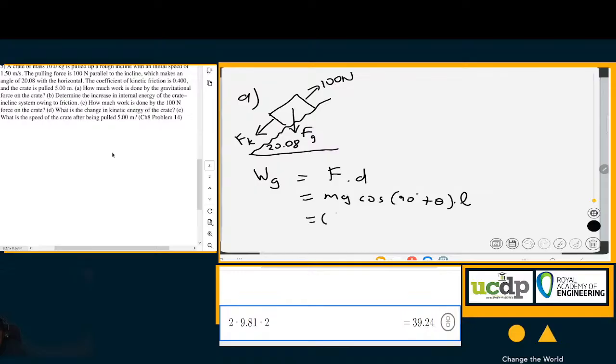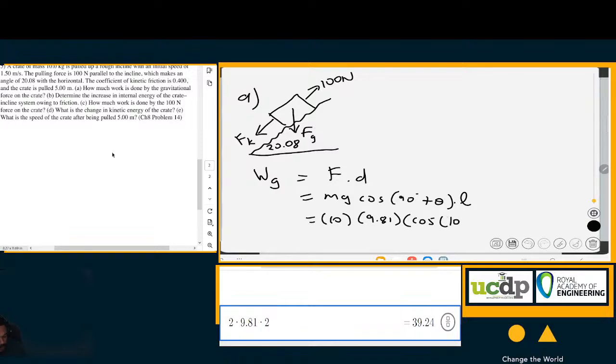Mg, the mass, what's the mass of this crate? It's 10 kg times 9.8, times the cosine of 90 plus 20.2, that is 110.02.